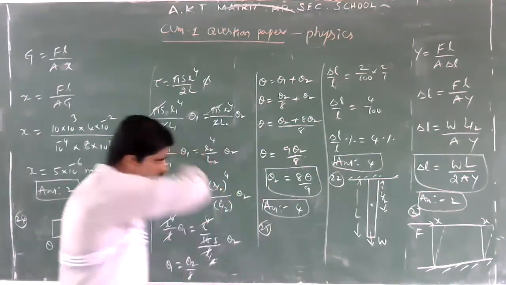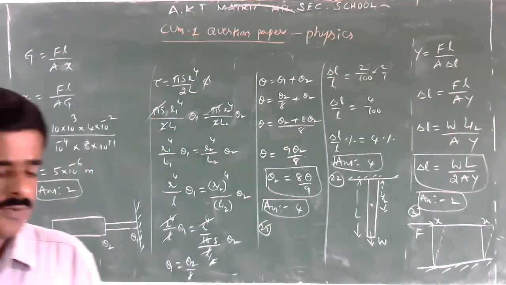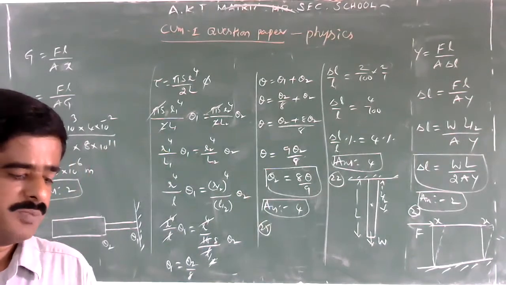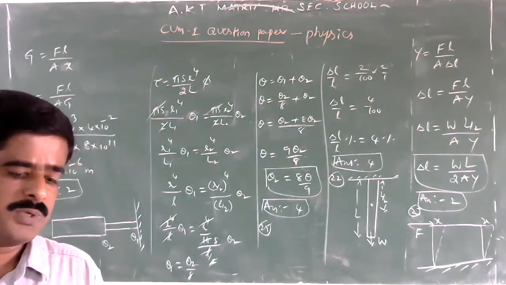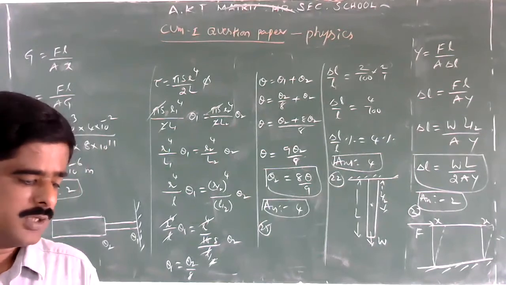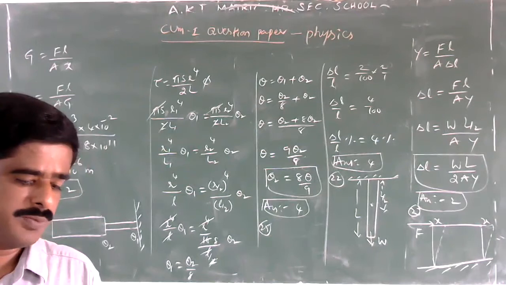Next, question number 25. The Young's modulus of the metal of a wire is 2 into 10 to the power of 10 Newton per meter square. If the elongation strain is 1%, then the energy stored in the wire per unit volume is how many joule per meter cube?